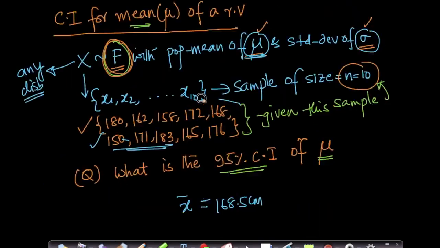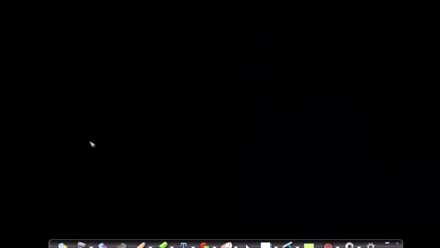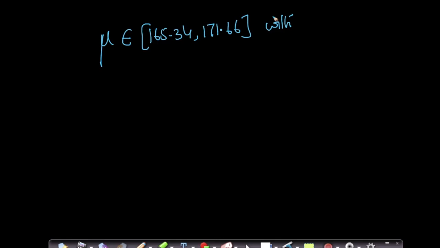So I can say, using this sample of size 10, that my population mean lies in the interval 165.34 centimeters and 171.66 centimeters with 95% confidence.